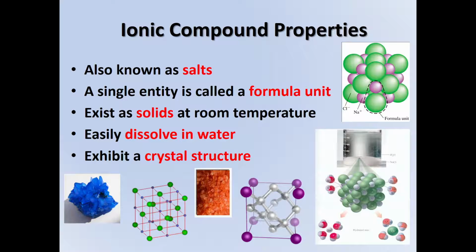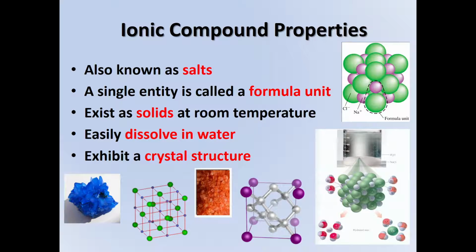So this name is not often used, but if you ever see the word salt, that means it's an ionic compound. There's a single entity called the formula unit. It's the lowest formula that describes the entire molecule.